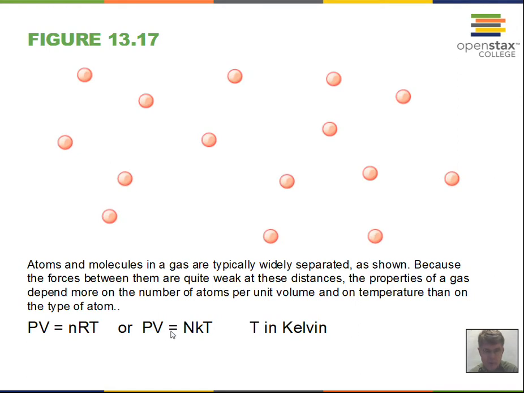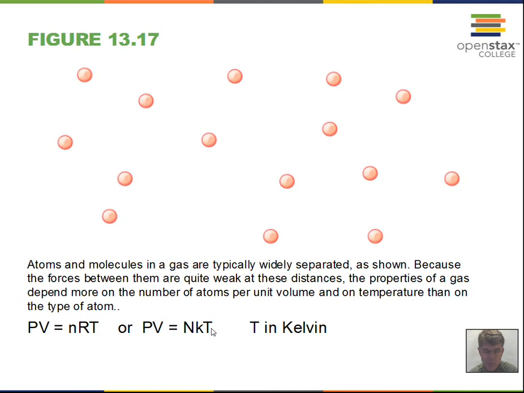Or pressure times volume equals the number of individual molecules times Boltzmann's constant times temperature in Kelvin. Depending on which information you're given, if you're given the number of moles, then you'd use PV equals small nRT. If you're given the number of particles, then you might want to use PV equals capital NkT. Again, R is a gas constant, k is Boltzmann's constant, and T needs to be in Kelvin.